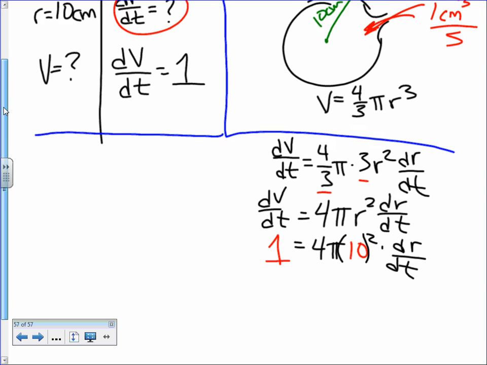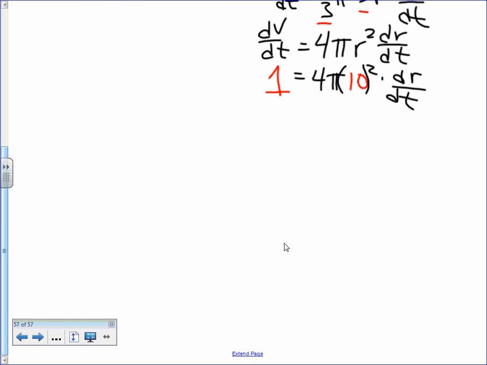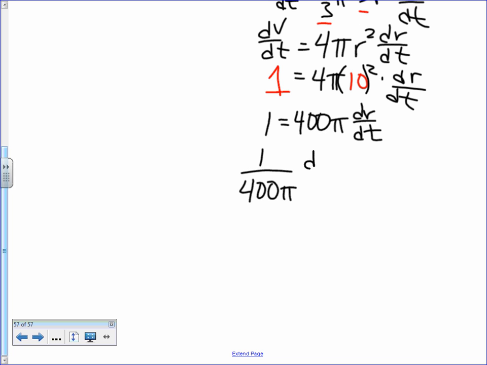So from here, all we have to do is isolate dr/dt. So I work out this algebra on the right-hand side. 10 squared is 100. 100 times 4 is 400. 400 pi dr/dt. And then I divide all of this over. 1 over 400 pi equals dr/dt.